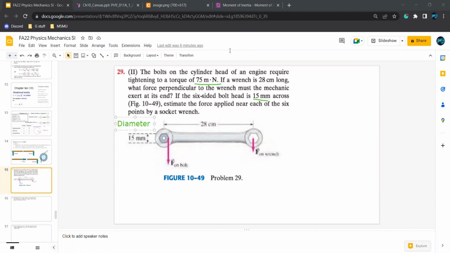So you need to turn that into radius: diameter over 2, because half of it is equal to R. So then we're going to turn this 15 millimeters into meters, so 1, 2, 3 on the King Henry, 0.015 meters.